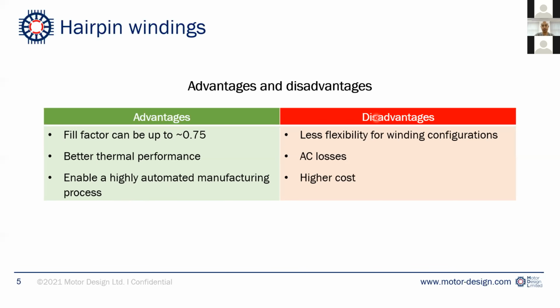The disadvantages are that it has less flexibility for winding configurations, which I'll talk about later. It also has higher AC losses due to the bigger conductors in the slot, and higher cost due to some tooling and additional manufacturing process.